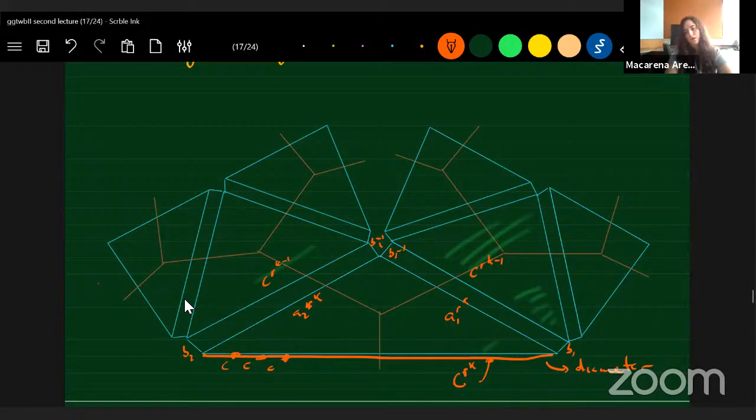And what we can see here is that we have gone from having C to the R to the K to having C to the R to the K minus 1 in the next triangle. So if we iterate this construction, on the next level, the base of the triangle has length R to the K minus 2, and this is for each of the triangles, and so on.